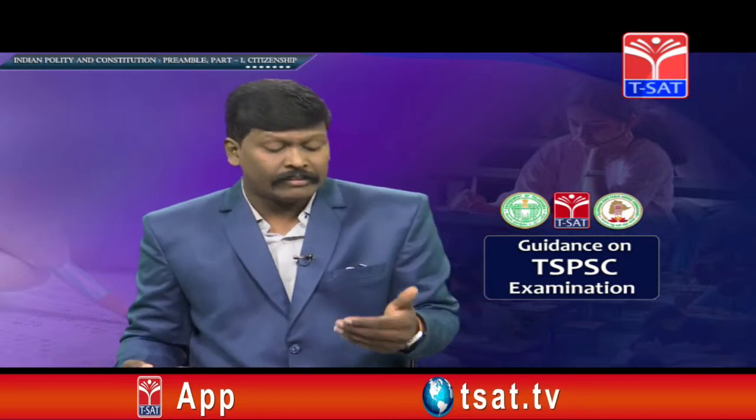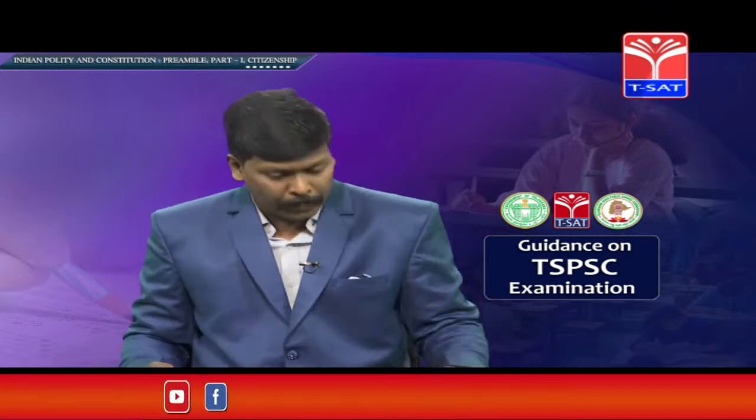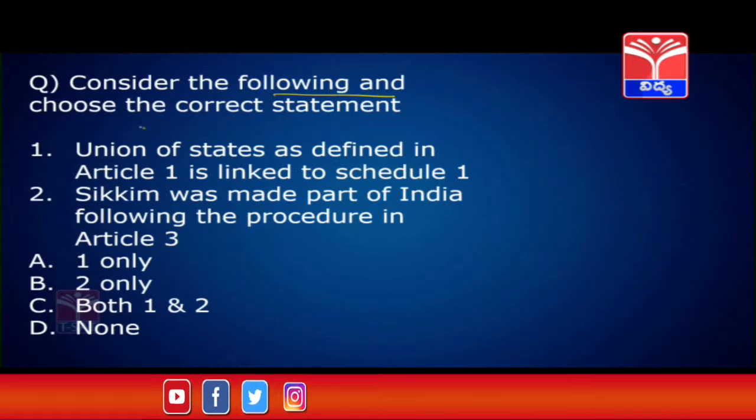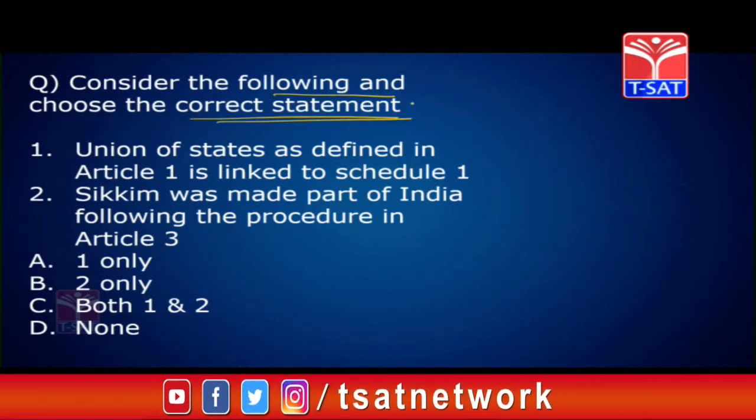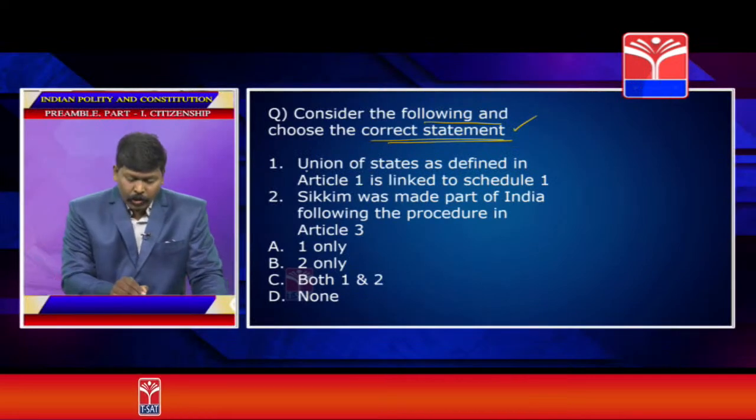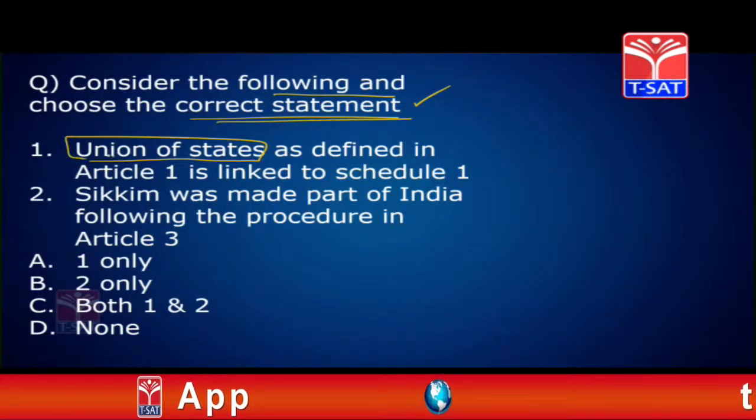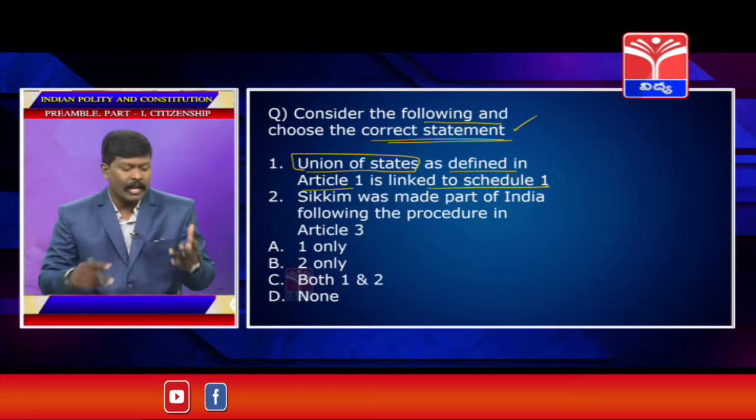Now, this question is related to part 1. Consider the following and choose the correct statement. Union of states as defined in Article 1 is linked to Schedule 1. Right? What is Article 1?